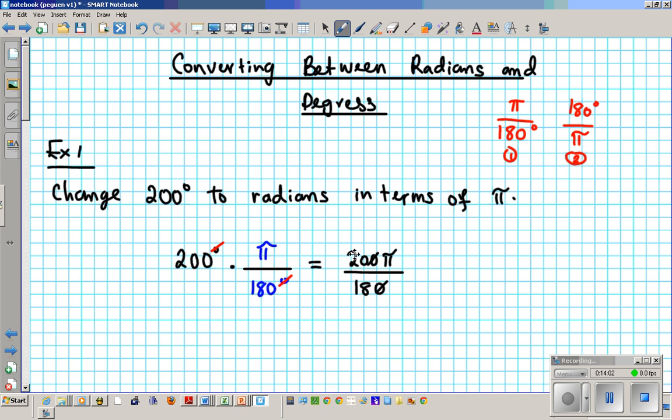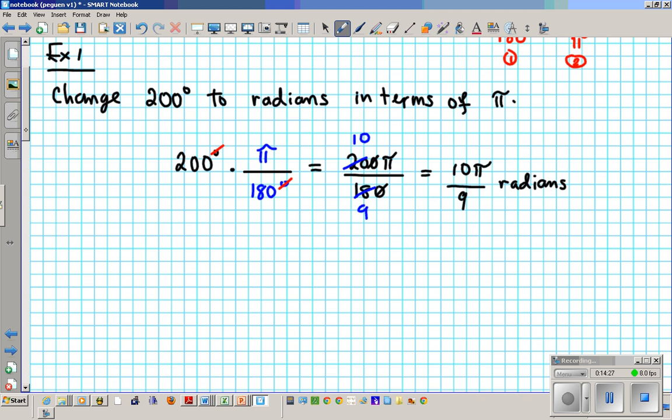So we divide both of them by 2. 2 goes here 10 times, and 2 goes here 9 times. Your final answer is 10 pi over 9. So what does this mean? This means that 10 pi over 9 radians is the same thing as 200 degrees. Okay? That's what our answer means.